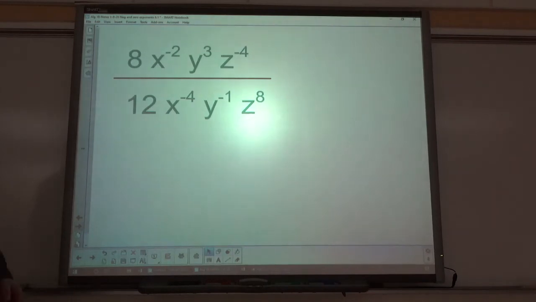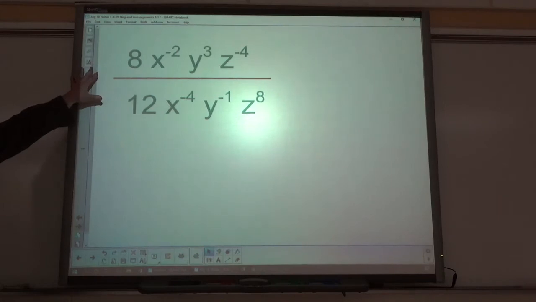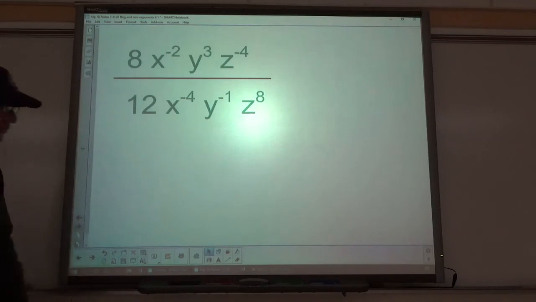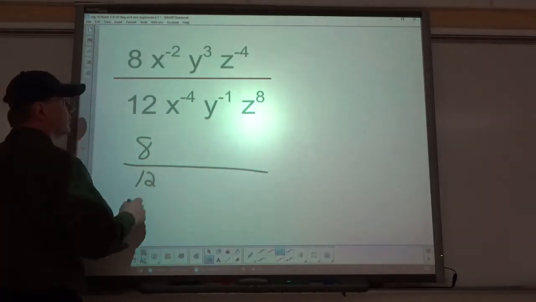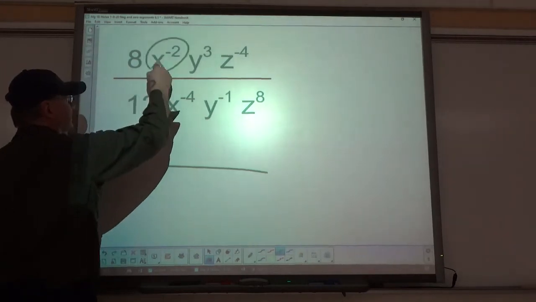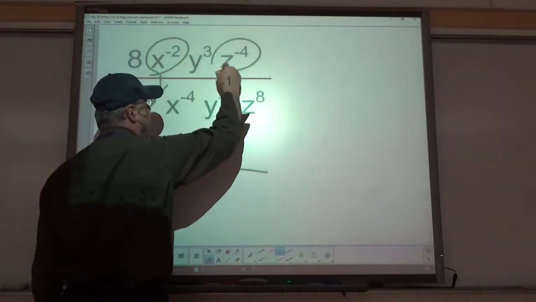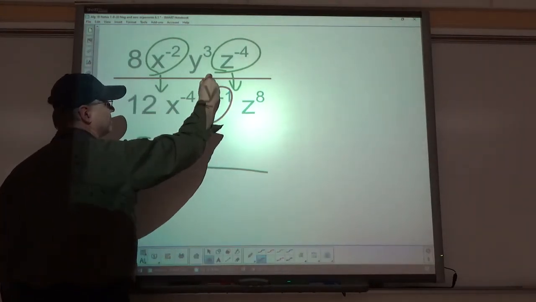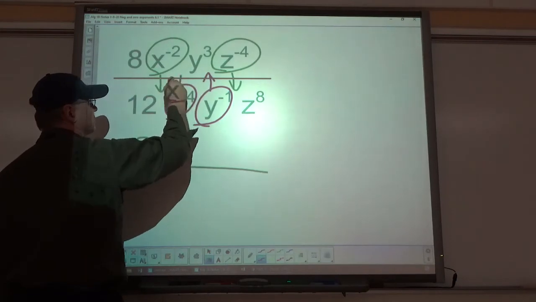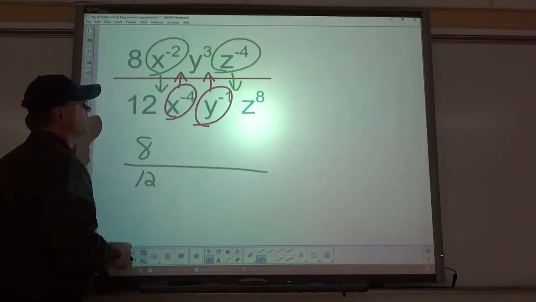All right, so as I said before, you can choose to work with the negative powers, but I truly find when you're working with division, just move the things that are raised to the negative power, then simplify afterward. So for example, the 8 is on top, the 12 is on bottom. I'm going to move this x to the bottom and this z to the bottom. And I'm going to move the y to the top and this x to the top. So here I go.